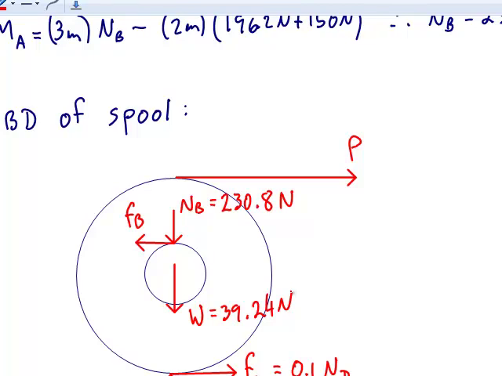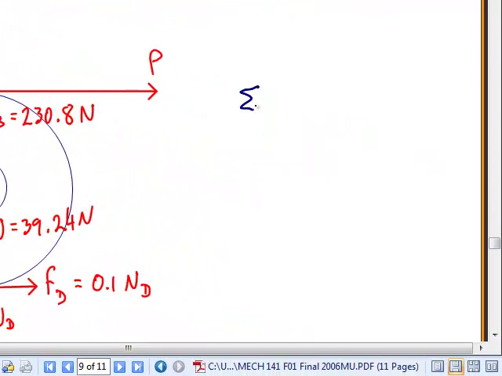Find any, or equate equilibrium. Yep, like the y direction first, and then moments about it. So I'll start with Fy equals 0. So I got Nd is up. I got 39.24 down, and 230.8 that's down.